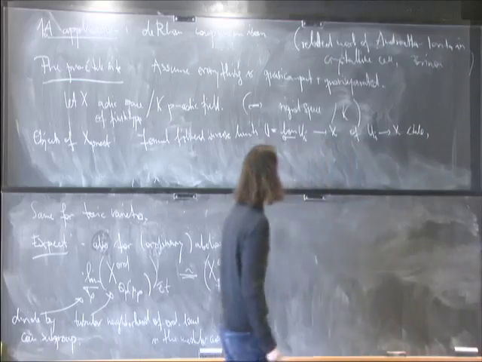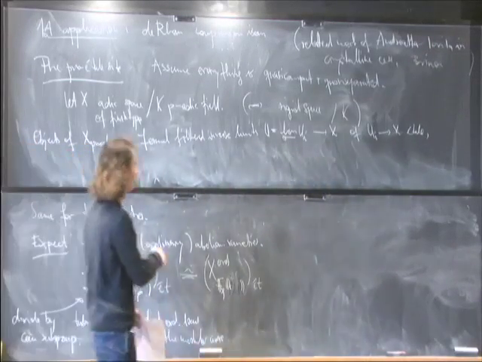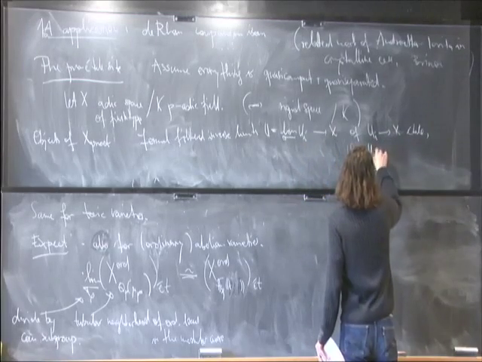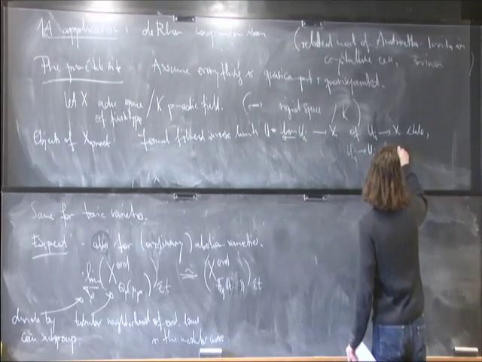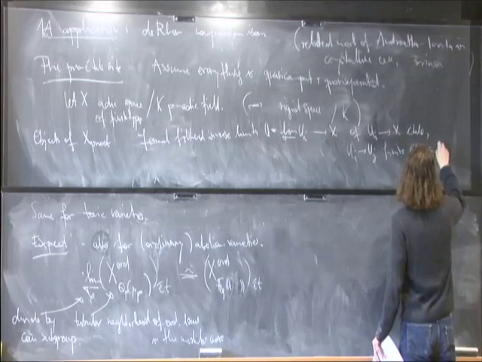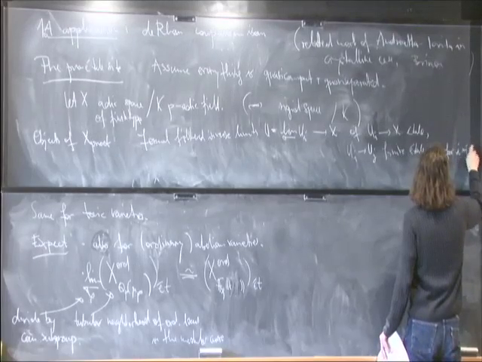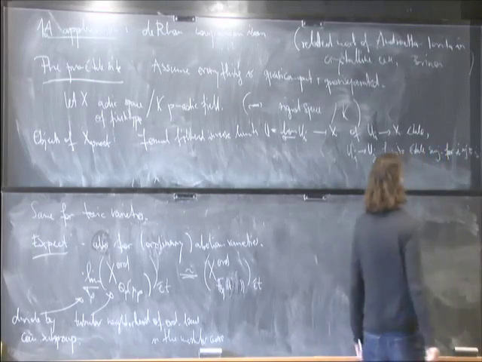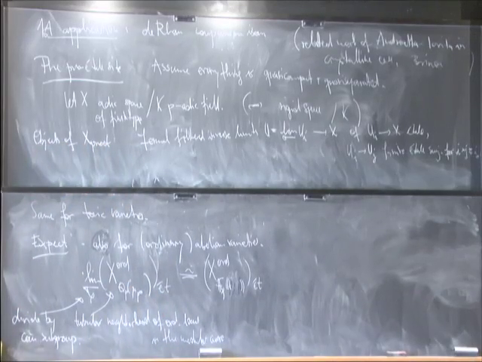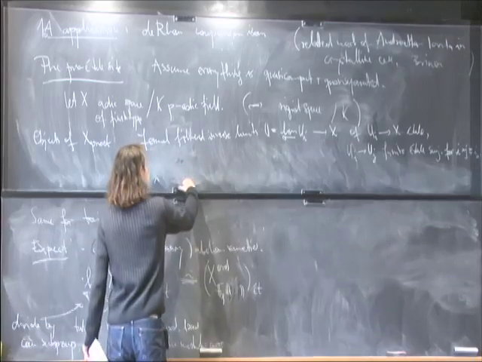And additionally, I want that they are getting smaller and smaller, so I require that the map U_i to U_j is finite étale and surjective for large i. So as pro objects, yes. Okay.